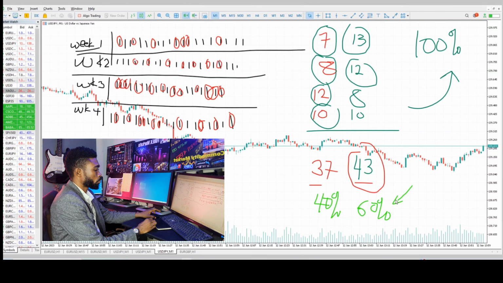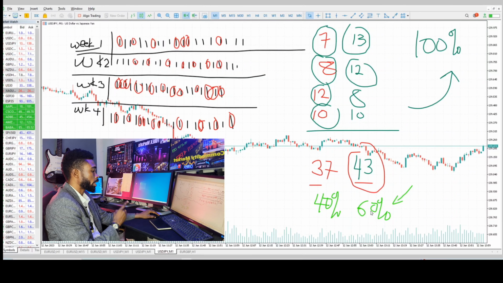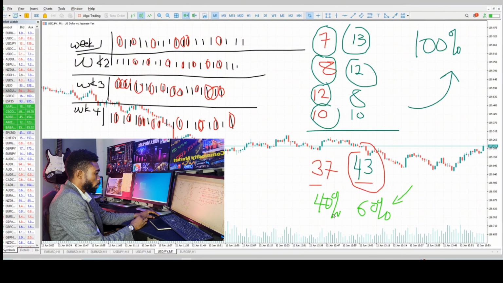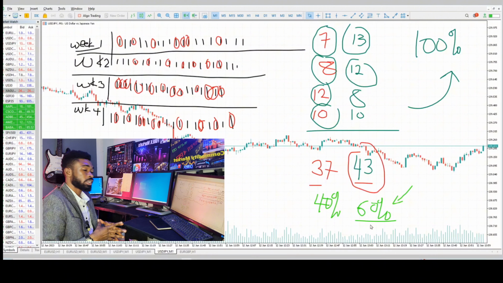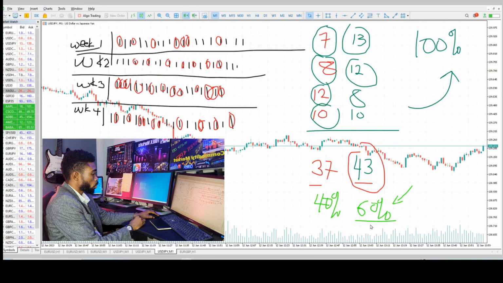So let's give an example, which means 60 wins and 40 losses. For easy calculation, anytime you win, let's say you win $100, okay? So $100 times 60 will give us, let's say, 6,000. This is where we are just assuming.